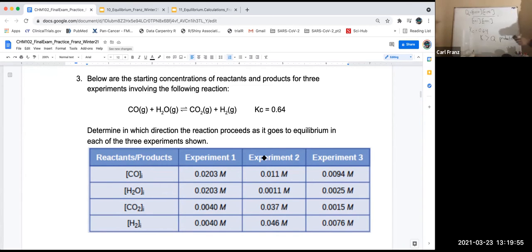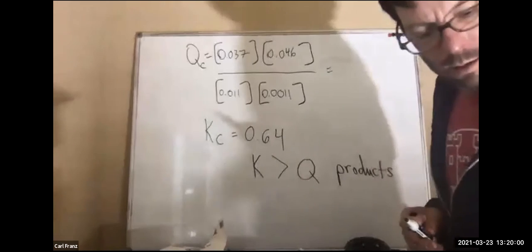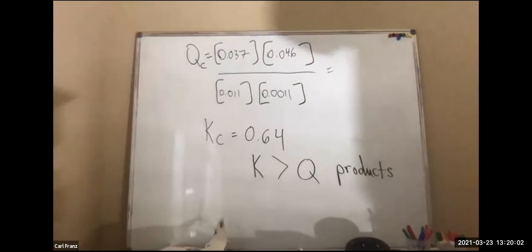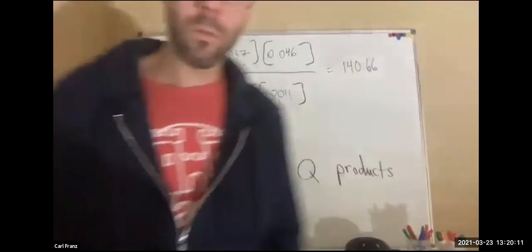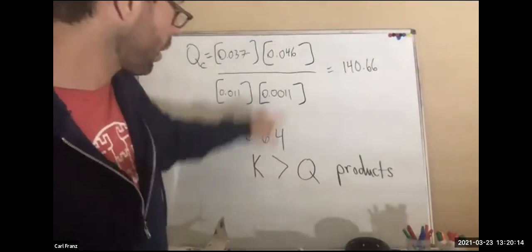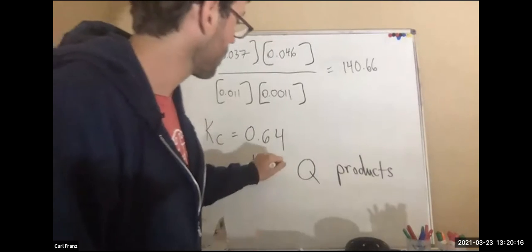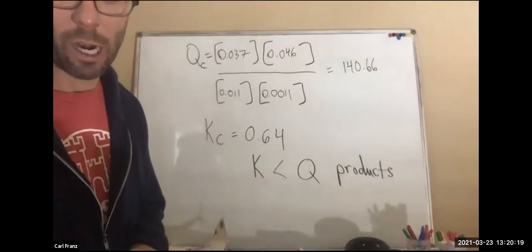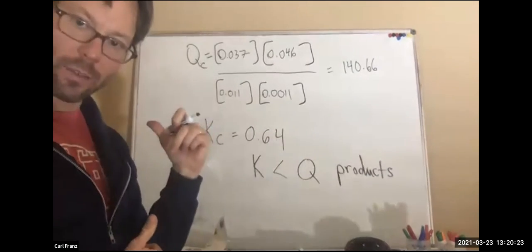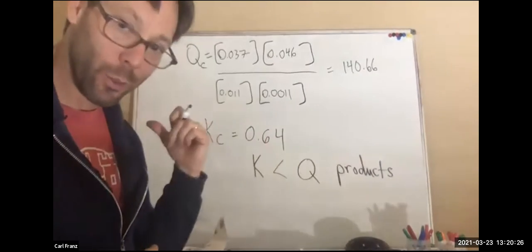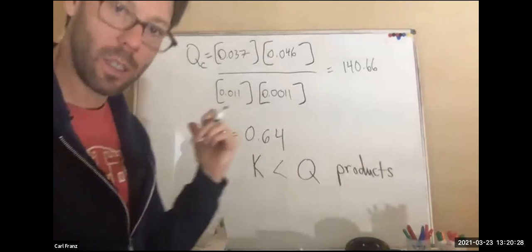What do we get for that? I got 140.66. So now Q is greater than 0.64, right? And so it's going to be reactant favored, or it's going to go in reverse, or it's going to go to the left.